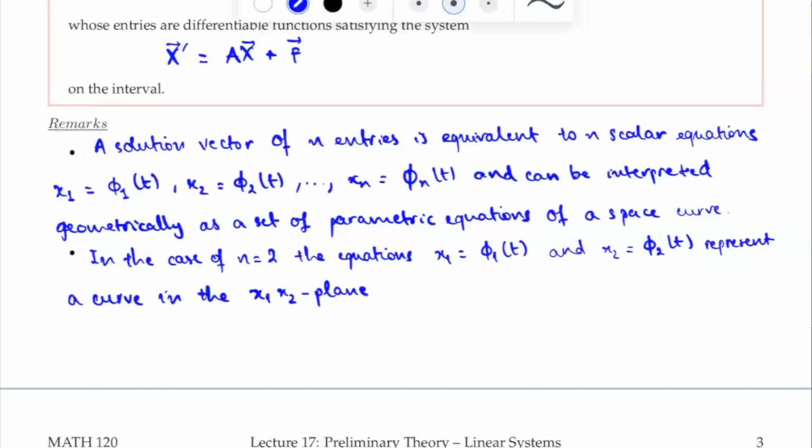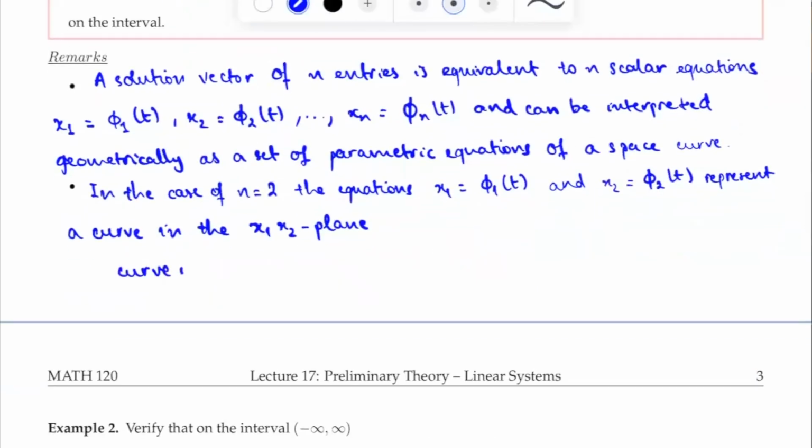And the curve in this plane is called a trajectory. And the x1 x2 plane that we're going to deal with is called the phase plane.